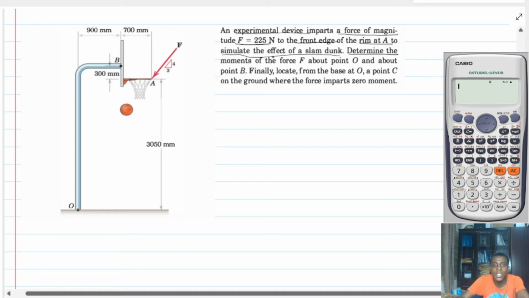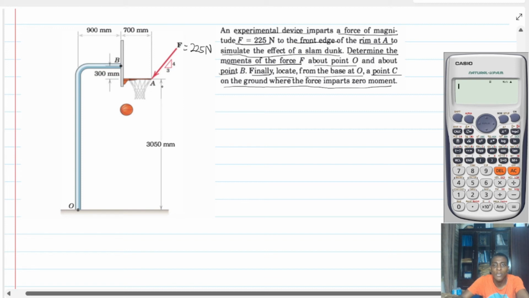Now, we should determine the moment of the force F about point O and about point B. Finally, we should locate from the base at O a point C on the ground where the force imparts zero moment.